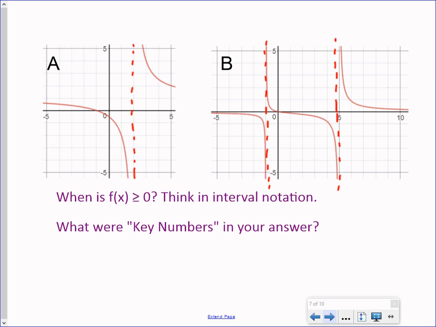I would say that's 2. Oh, because it can just barely get to 2, yeah. 2 to infinity?